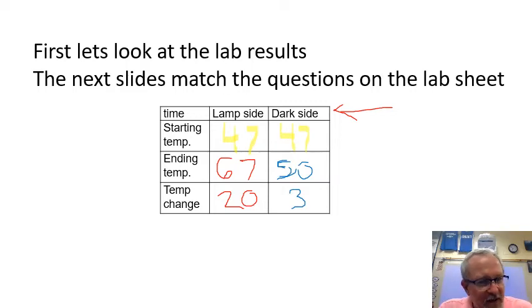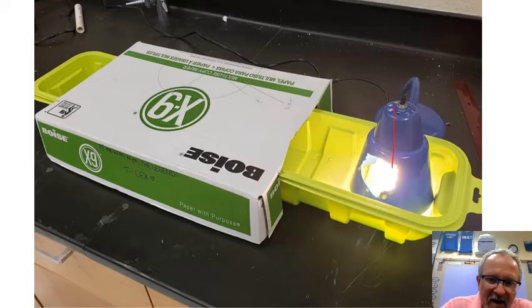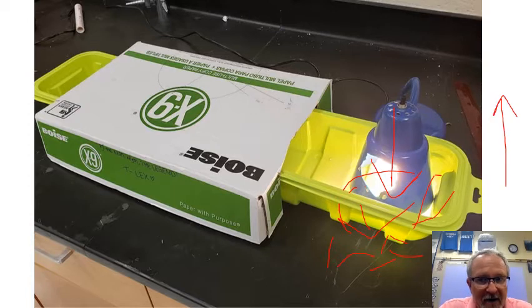So we're going to explain here and now what happened. How did the dark side get hotter even though it didn't get any light? So here was our setup. And we've got energy going into the water over here. And the water particles move faster and they're moving around more and they cause more friction and the temperature goes higher.